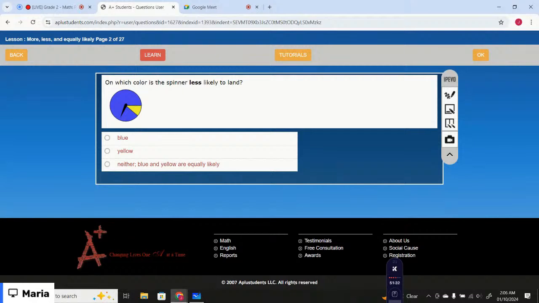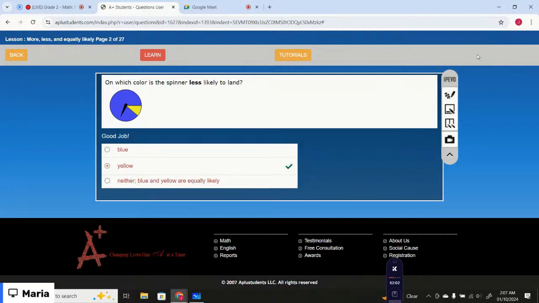The spinner has two colors, right? The blue one and the yellow one. So it is less likely to land on yellow. Got it? It will be less likely to land on the yellow. Option number 2 is the correct option.